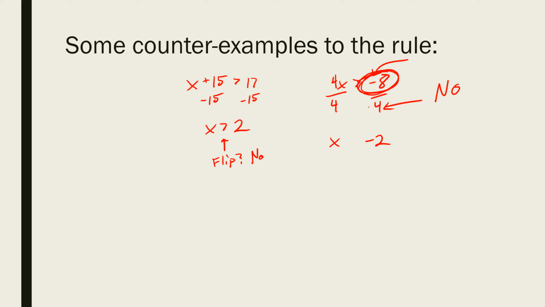Since I'm dividing by a positive 4, I do not flip. You only flip if you have something like this where I'm dividing by negative 4. Here's the situation where I would flip. So hopefully that rule makes sense, and we'll practice it plenty more.